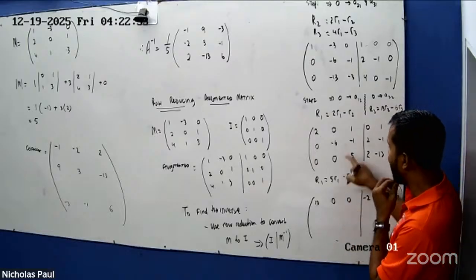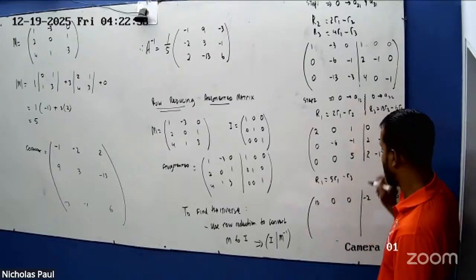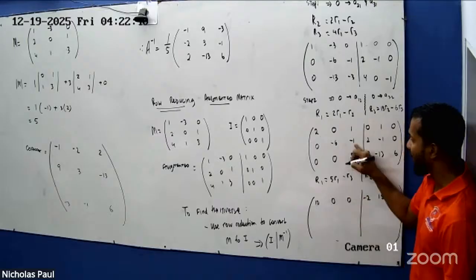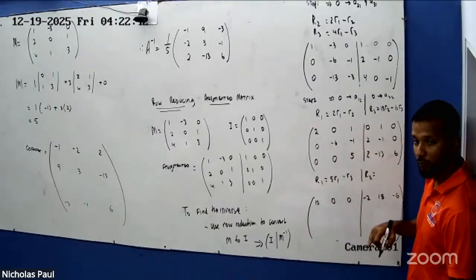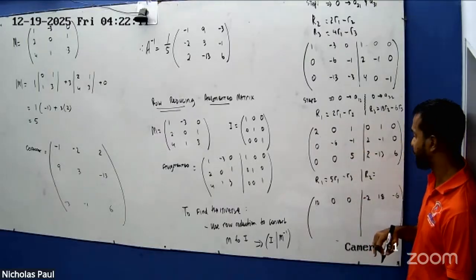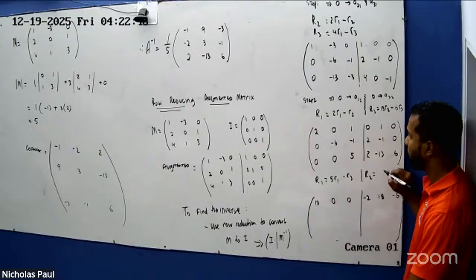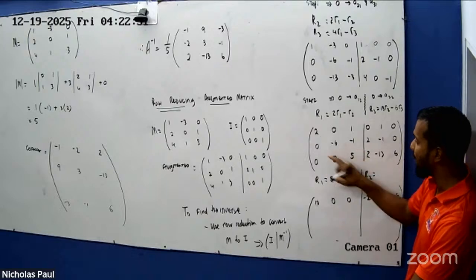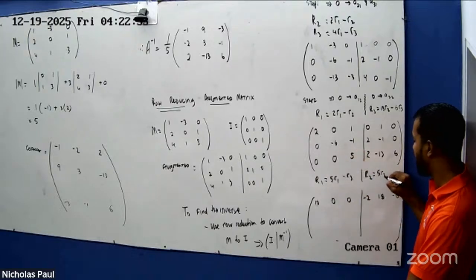I want to get 0 here. What to do? I want to get 0 in row 2. How do I get 0 in row 2? Can I multiply this row by 5? And then add.